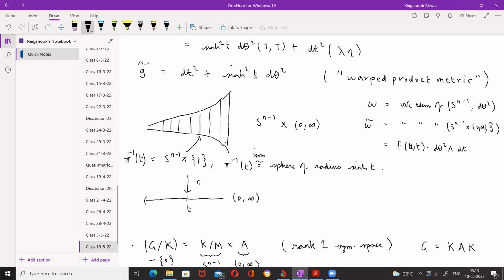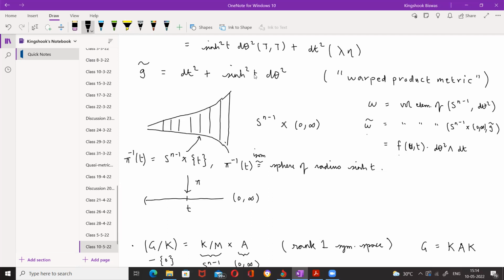And so what will be an orthonormal basis here? Omega of an orthonormal basis has to be 1, right? So I take an orthonormal basis for the sphere and I take ∂/∂t for the radial direction. That will give me a basis for this.